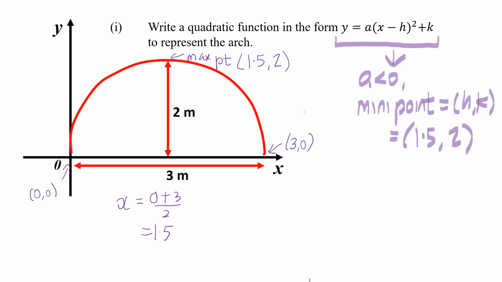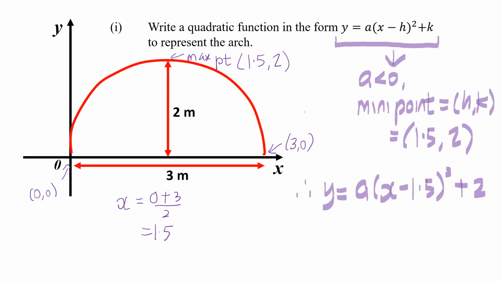So if you substitute this point into your quadratic function, your answer will be y equals a(x minus 1.5) squared plus 2.